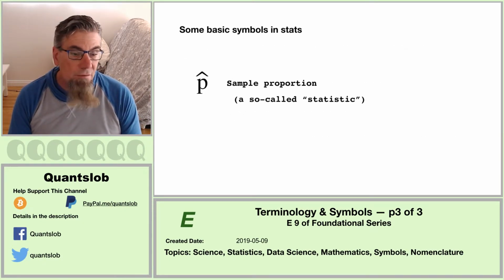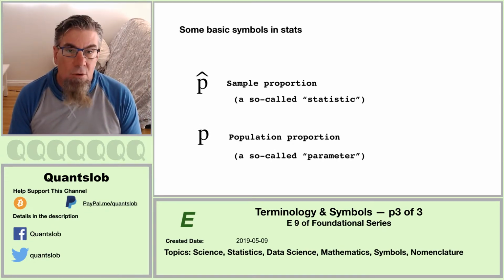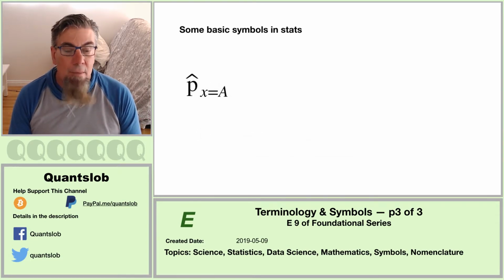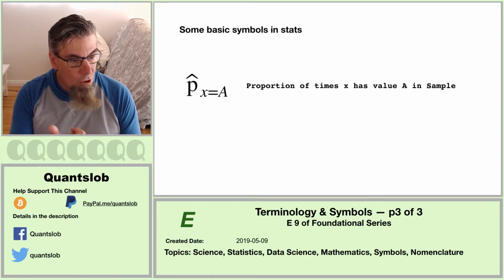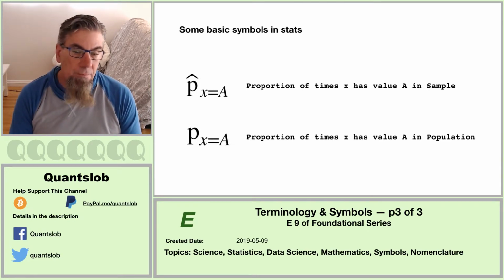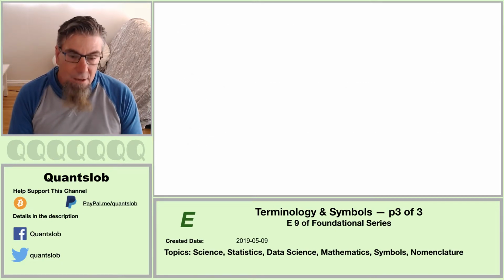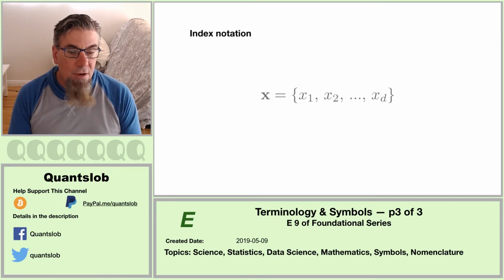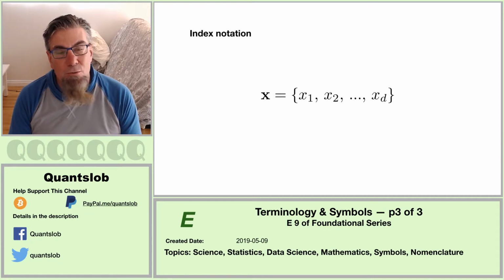If an attribute is a factor, meaning it is categorical, we will want to be able to speak in terms of proportions. And because a factor may have many categories, we can use the subscript to be more explicit about just what proportion we're talking about. Index notation, great convenience. Don't confuse index notation with math indices, which is something very different.